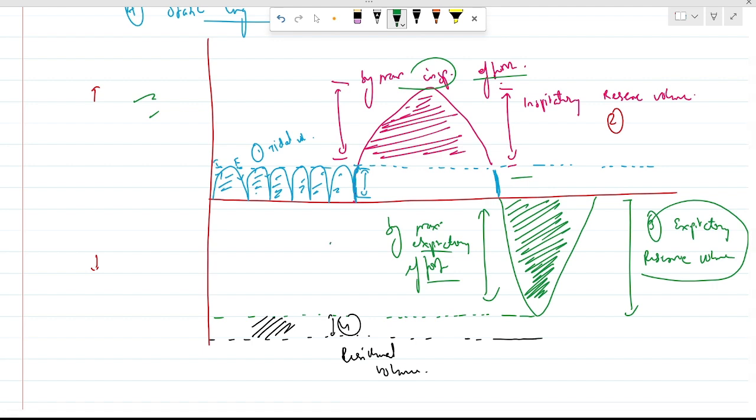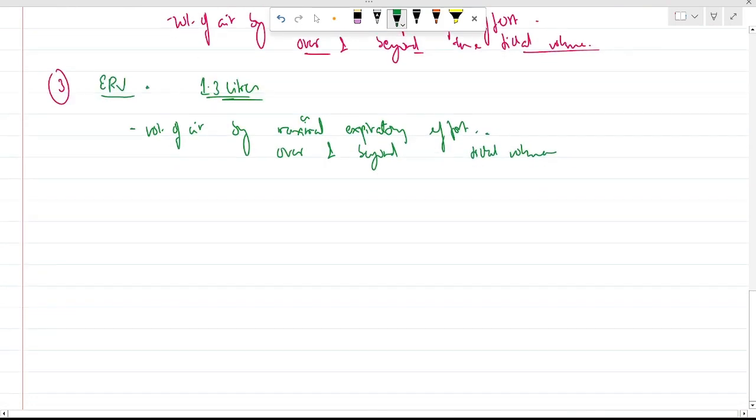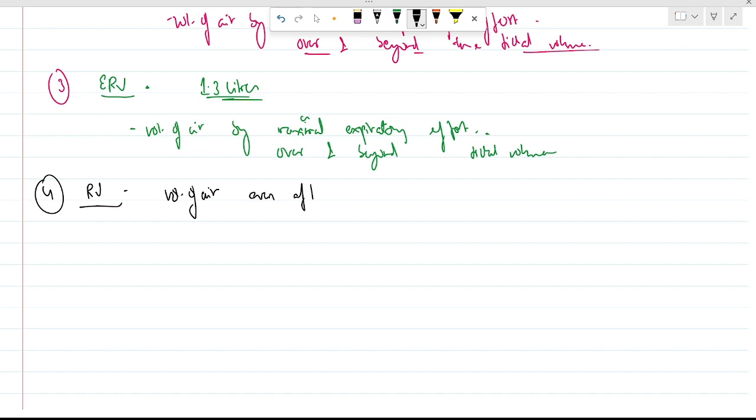The value here is 1.3 liters, and inspiratory reserve was 2 to 3 liters. Tidal volume was 500 milliliters or 0.5 liters. These values are important, and we are remaining with one, that is residual volume, RV, the volume of air even after maximal expiration.